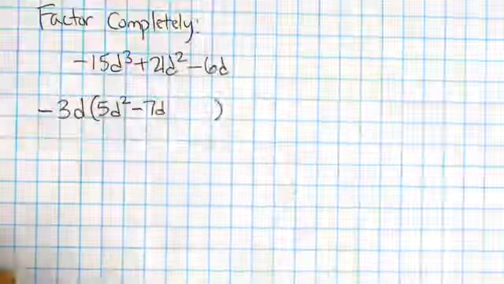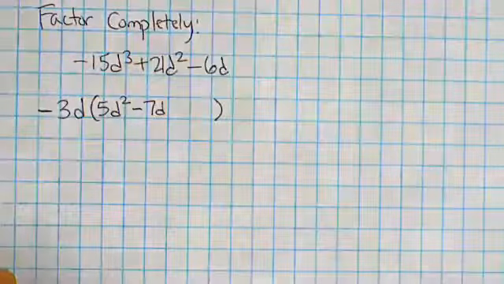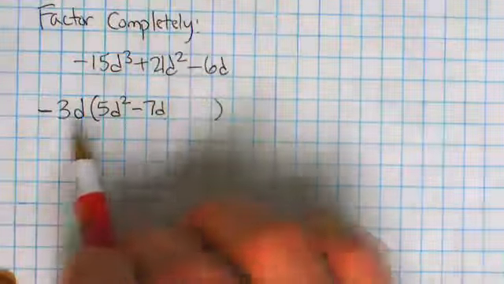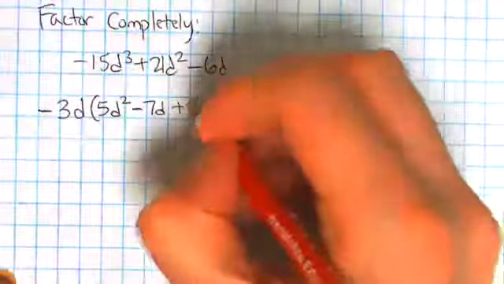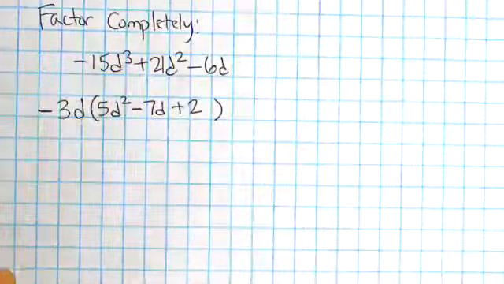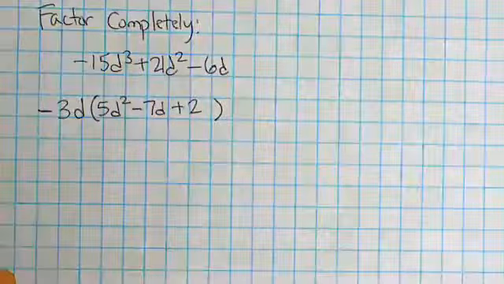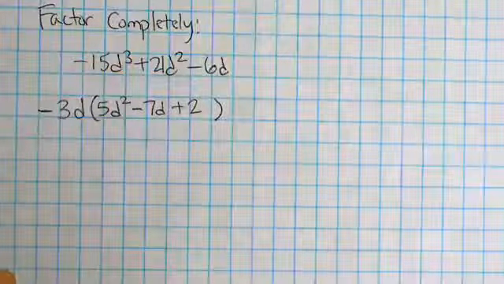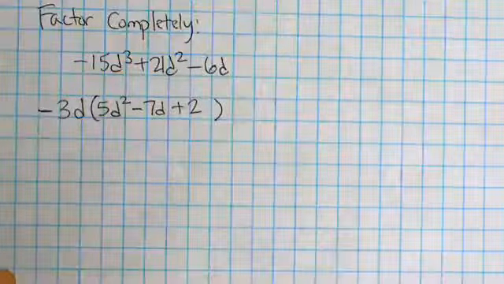And there's one d left out of the previous d squared. And finally, -6 divided by -3 is +2. And since there was only one d here to begin with, we do not need to have any more d's here. It's now just a single 2. So from here, we've now managed to factor out -3d.